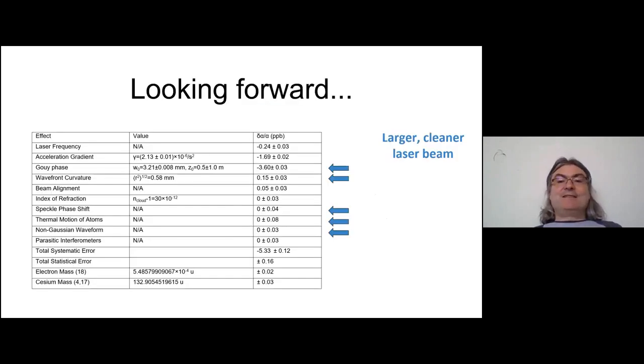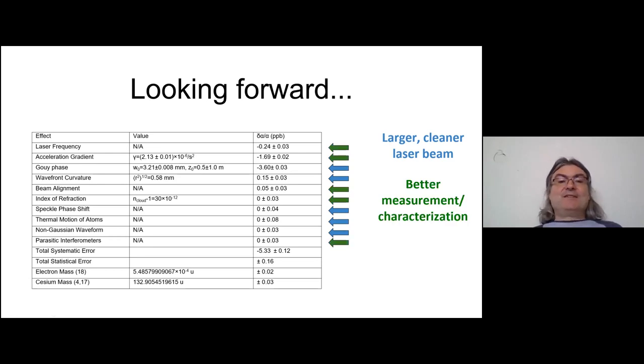And now let's look at the error budget. A large number of error terms, for example, the Gouy phase, wavefront curvature, and so on, scale with the size and smoothness of the laser beam. The closer the laser beam is to an ideal plane wave, the better. So all those terms in the error budget can be dealt with by making the laser beam larger and cleaner.